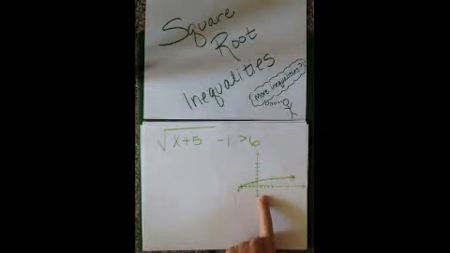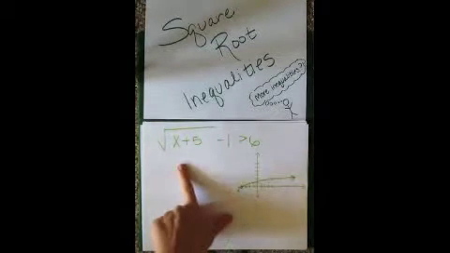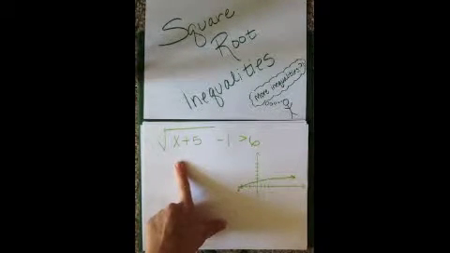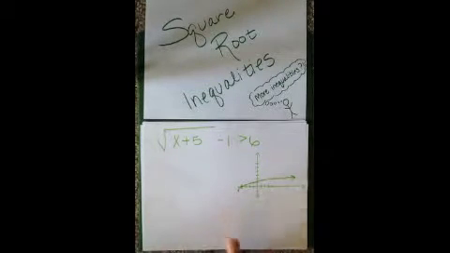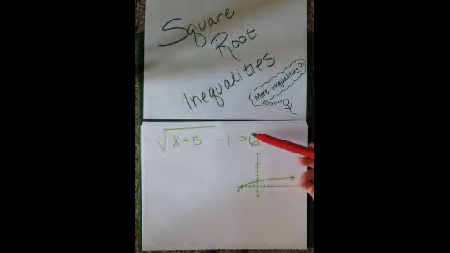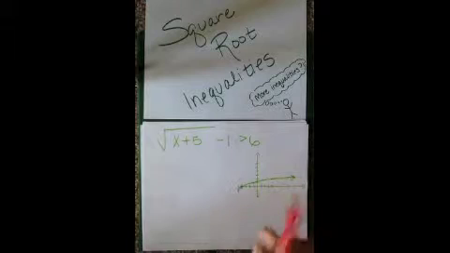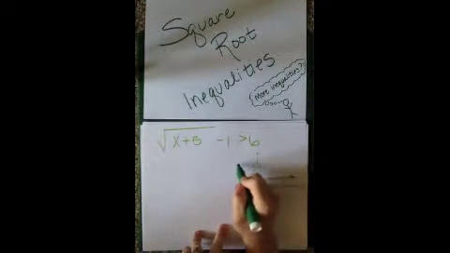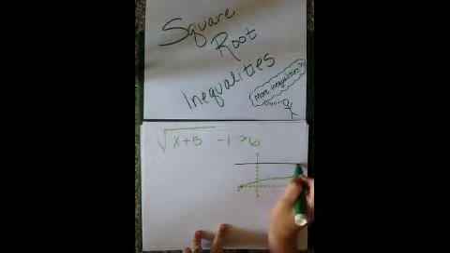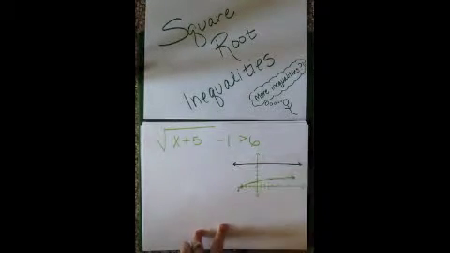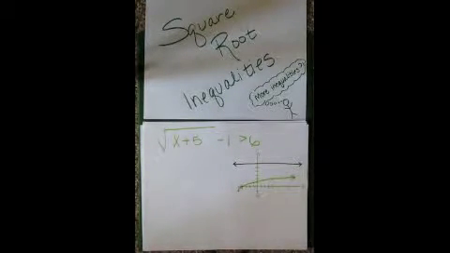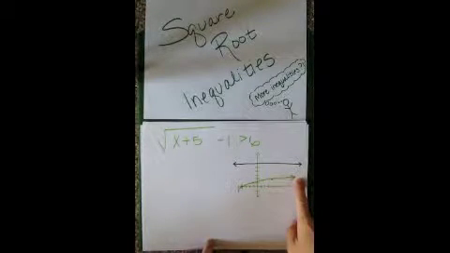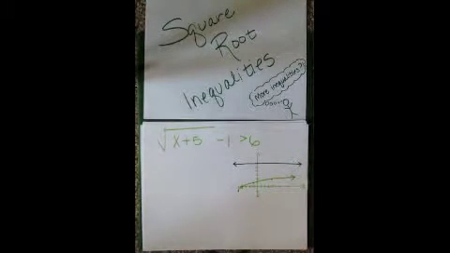Well, I've already graphed the left side of this using all of my transformations. Where is it greater than 6? Well, 6, if I look on the graph, is way up here. And the square root function is pretty slow growing, so it's not just going to jump way up to 6. It's going to take a while before it gets there.